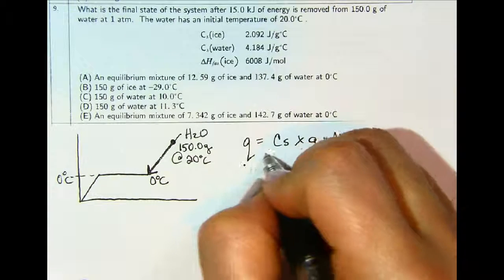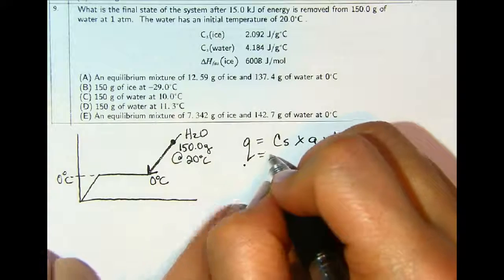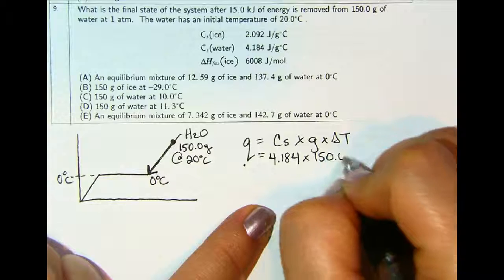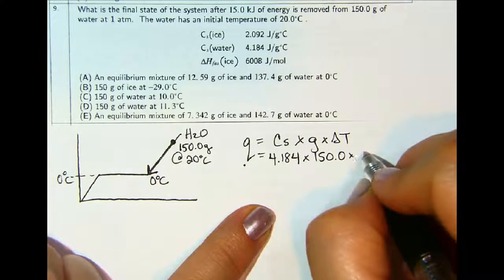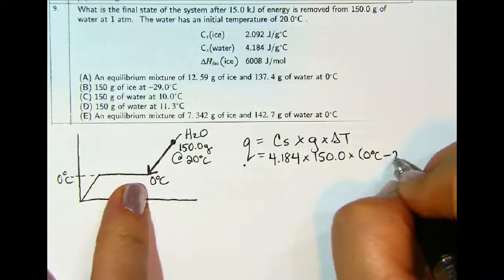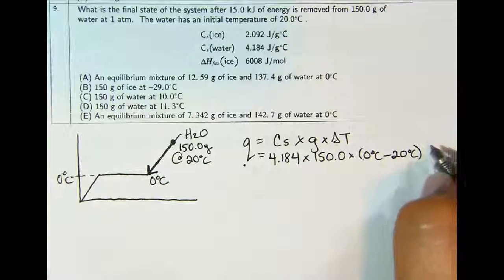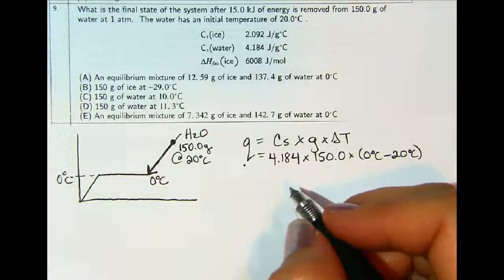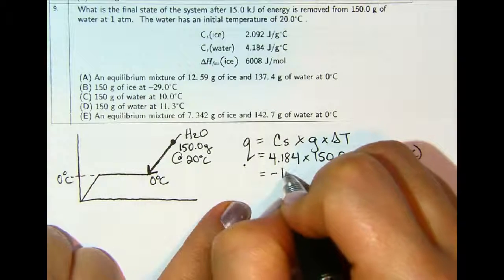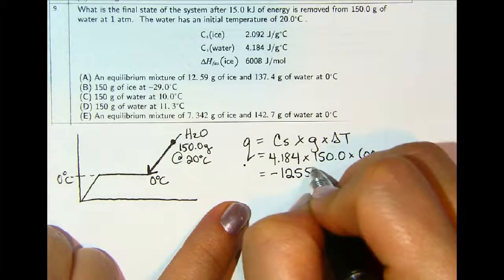And so it would take, so water is 4.184 times 150 grams times, and we would have a final temperature of 0 degrees minus the initial temperature of 20. And so when I do this math, I get a value of negative 12,552.